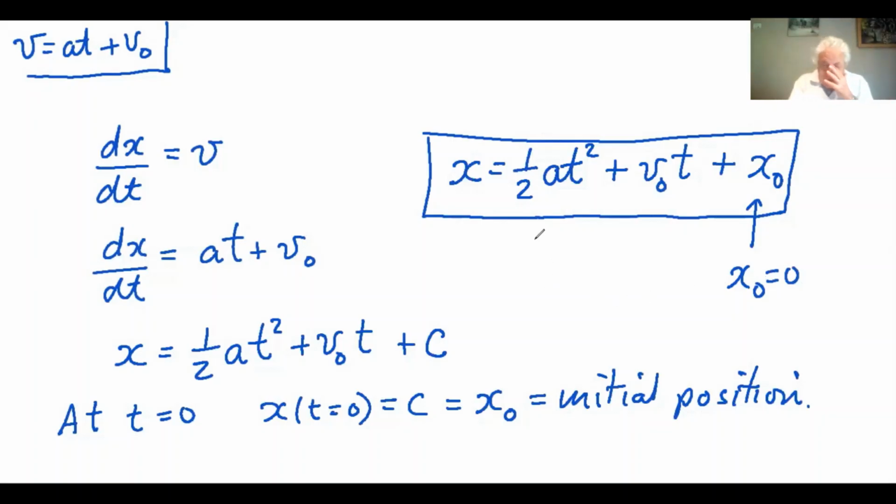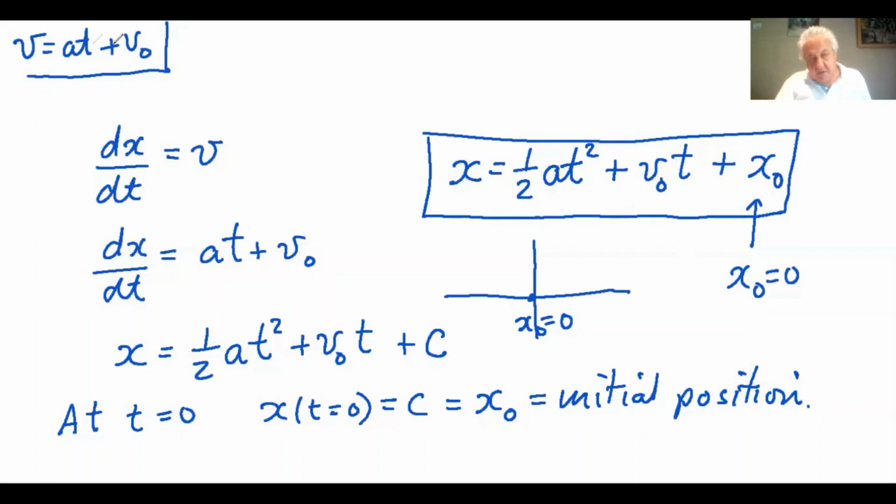In other words, when you do projectile problems or whichever problem, you define x naught to be at the origin, so you set it to 0 and then you measure distances. So although you're going to use the formula in this form, you must remember the complete formula and understand that you choose this for convenience to be 0. But this constant must be there, the constant of integration, which we interpret as the initial position.